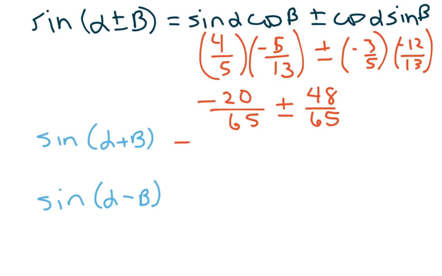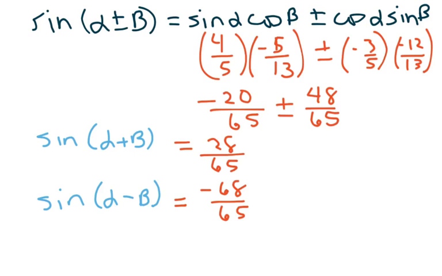So sine of alpha plus beta is going to be 28 over 65, and sine of alpha minus beta is going to be negative 68 over 65. You're going to want to write these down. I'm writing them down now: 28 over 65 for the plus, negative 68 over 65 for the minus.